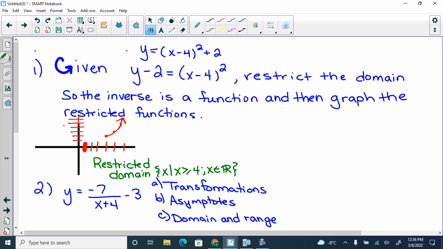So the best way to draw an inverse graph of the one you already have is take the coordinates they give you and then do what with them? Flip them and redraw it. Correct? So if we're at 4, 2, we're now going to be at 2, 4. If we're at 5, 3, we're now going to be at 3, 5.